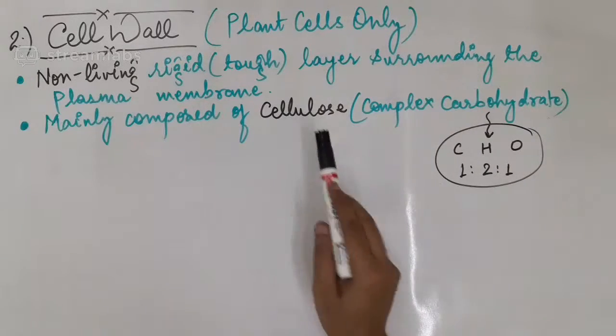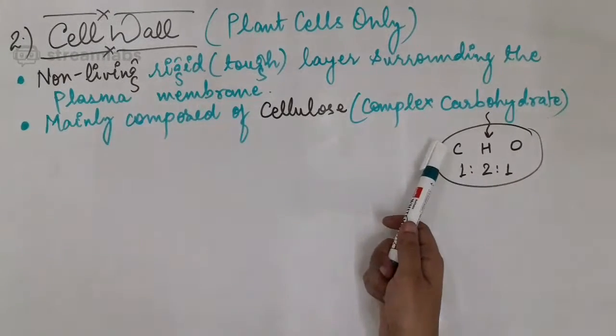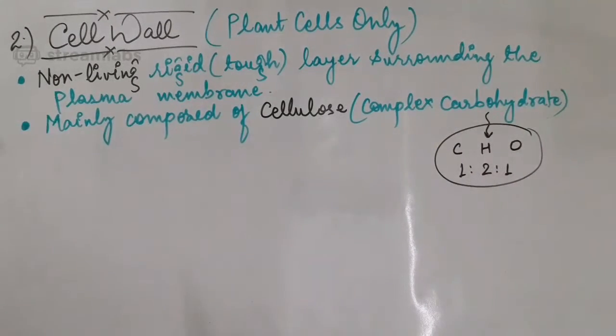Cellulose forms the outermost covering of the plant's body, the bark or the cambium. This is made up of dead cells, and these are complex chains of sugar. Many sugar molecules join to form complex carbohydrates, and cellulose is one of them.